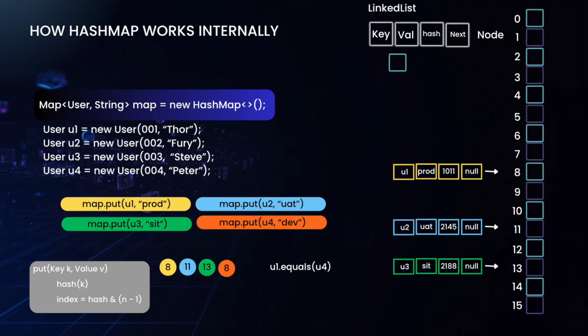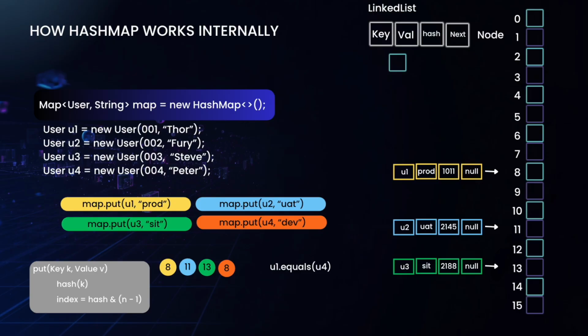This logic is going to call internally u1.equals(u4). No, because u1 is a key and u4 is a key. u1 key and u4 key, is it equal? No, in this case. If this is equal, what Java does is it is going to replace the value and the hash code as well.